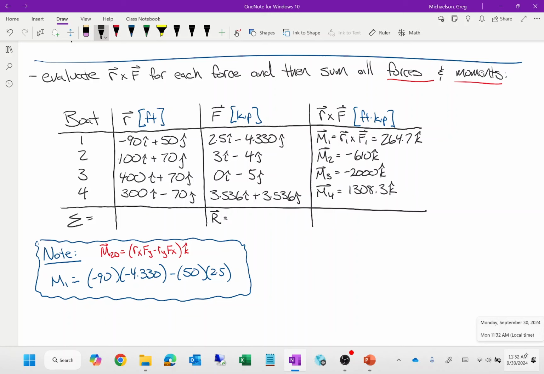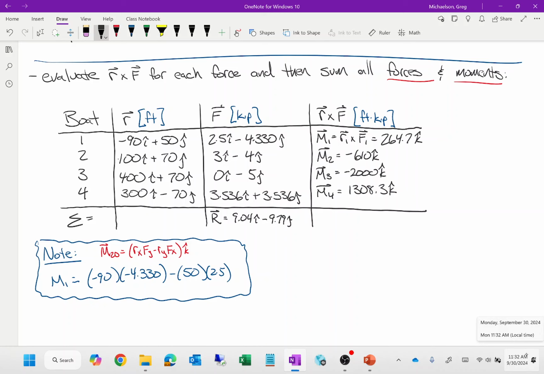We got the x term, 9.04, and then minus, j is second on that.